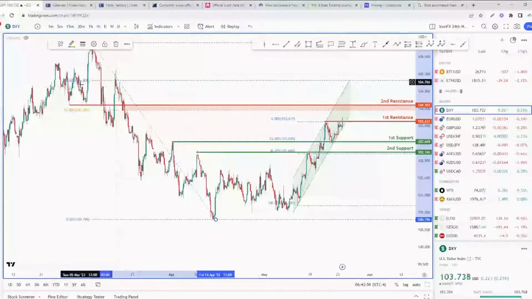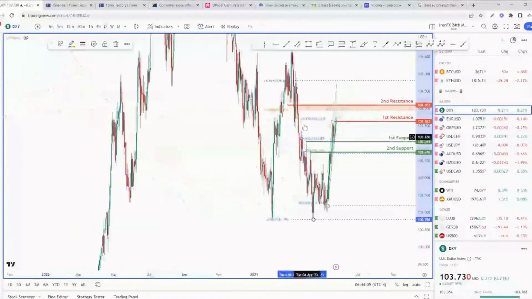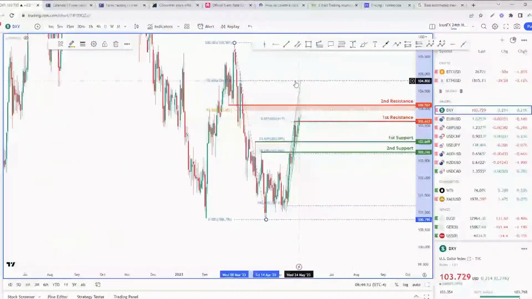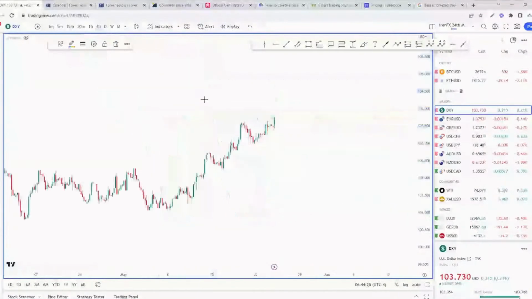And you can see I've added in the 78.6% retracement level. So this would be potentially the next level, but we would also like to look out for horizontal overlaps as well. But as you can see here, price action around the 78.6 is pretty choppy. There's nothing very clear and level.